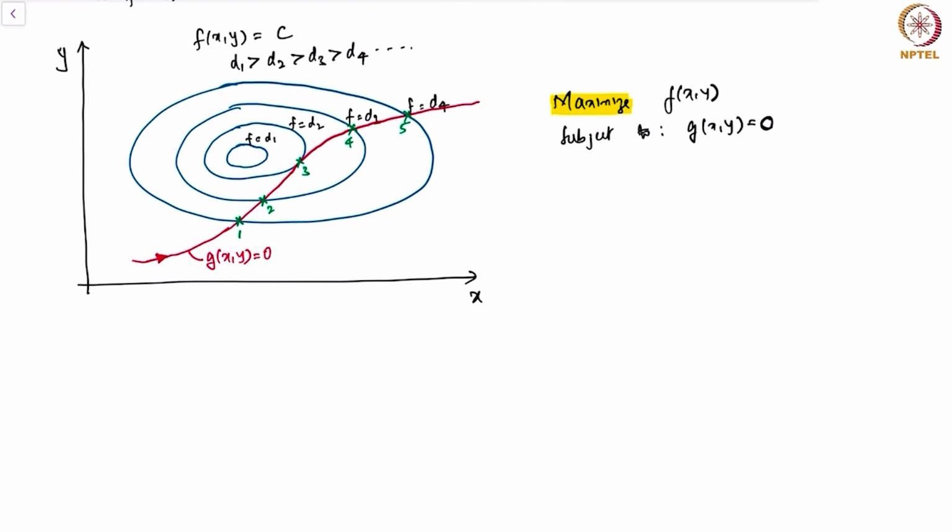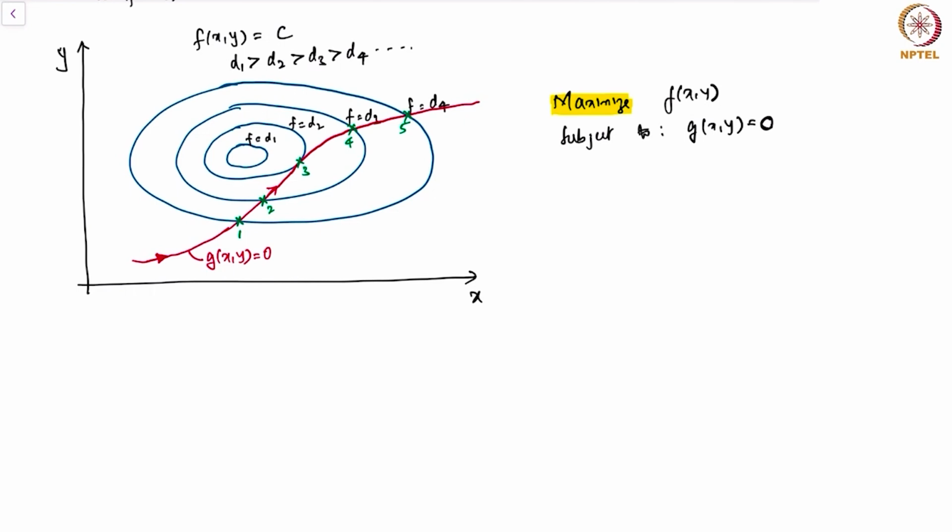What about 2? You have the same issue again, because if you proceed a little further from 2 along the constraint, the value of f is again increasing. So you want to reach a point where the value of the function is not changing anymore.